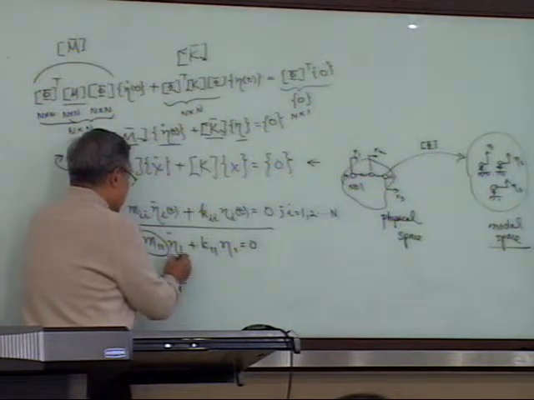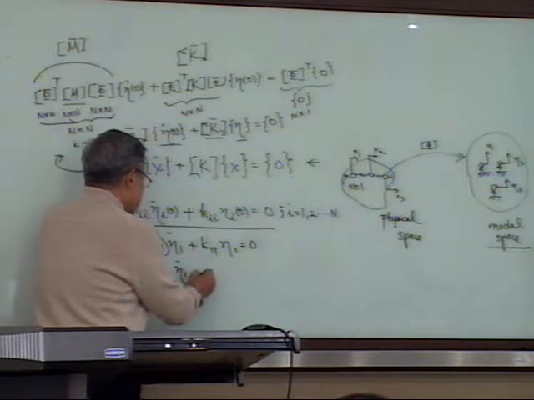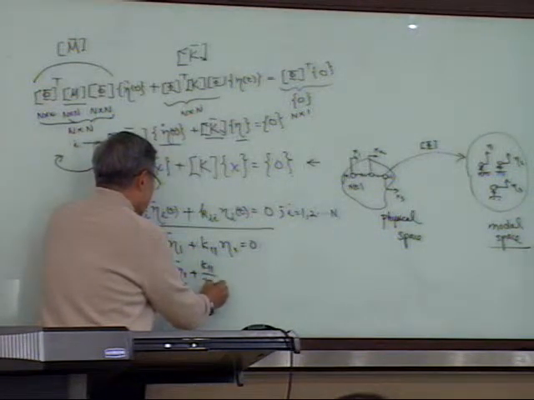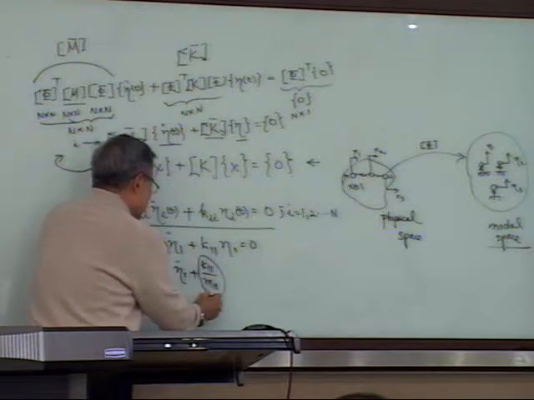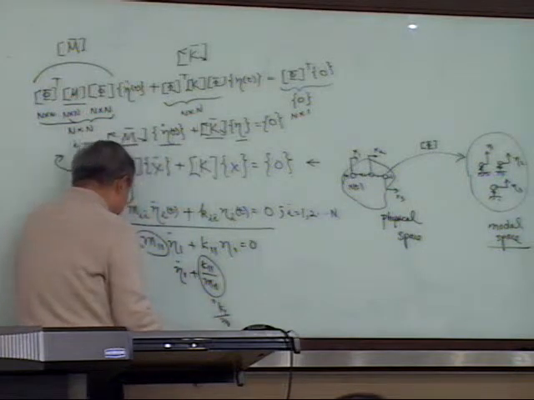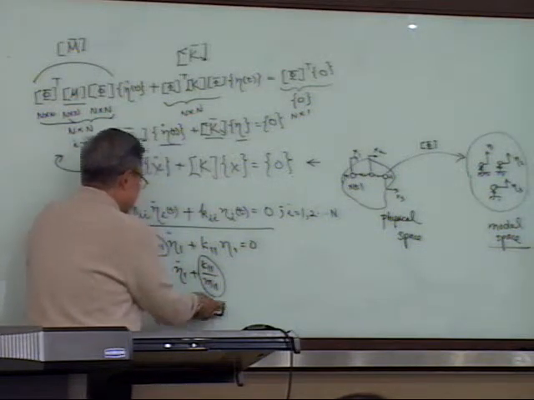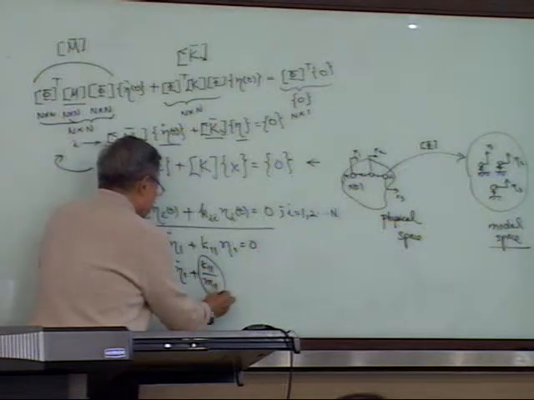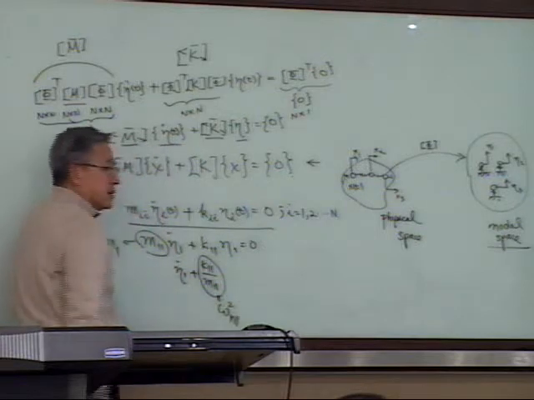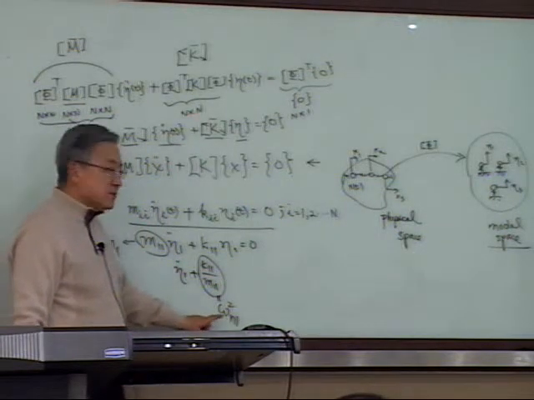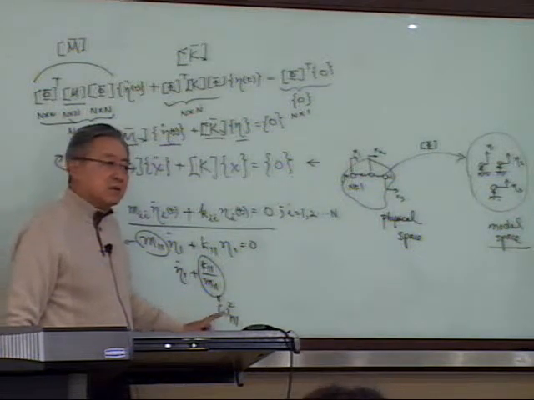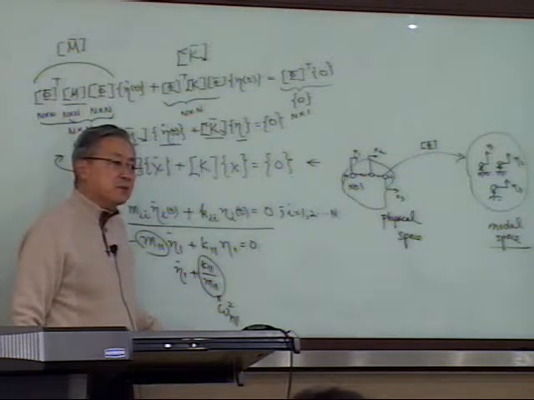So eta 1 double dot plus K11 over M11, which is really K1 over M1, is equal to omega n1 squared. The first natural frequency squared is K11 over M11.